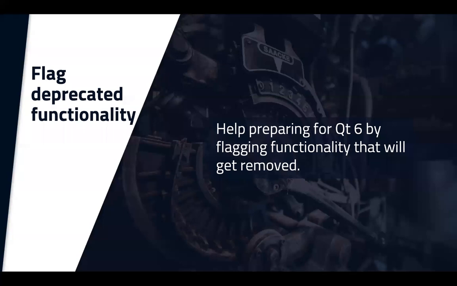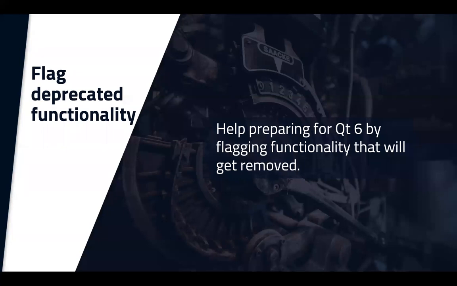You can see the functionality that has been deprecated and that will get removed in Qt 6. So bringing your application to Qt 5.15, enabling all the warnings for deprecations and then fixing those will bring you a long way towards making your code base ready for the upcoming Qt 6 version. So this is one big thing that we're doing in 5.15, trying to help you already prepare for what's coming in the future.